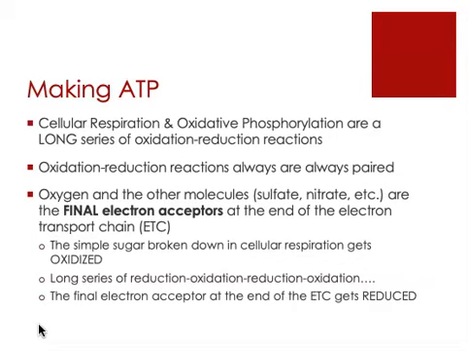Something gets oxidized, something else gets reduced. Something new gets oxidized, then something else gets reduced. It's a long series of oxidation reduction reactions to take a sugar and break it down to carbon dioxide. Ultimately, that molecule that sits at the end of the electron transport chain is the last thing, and it gets reduced.